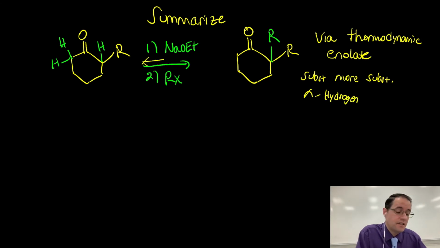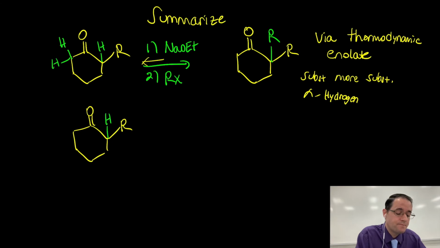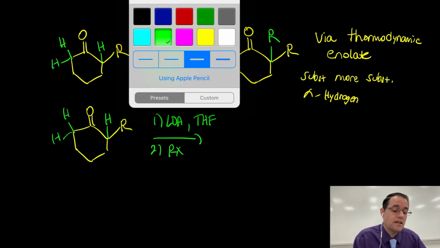Now, in contrast, if you take the same starting material, let's draw it all out with those green alpha hydrogens, and we treat this with LDA. Now, LDA is in a non-protic solvent. There's no ethanol or anything in there. In fact, we do it in THF, which is an aprotic solvent, and then we treat it with an alkyl halide.